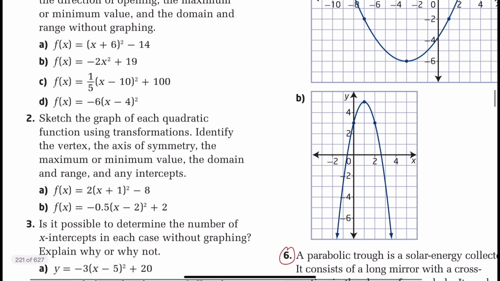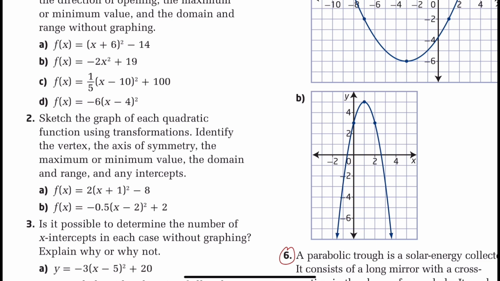For the second question, it is asking us to sketch each quadratic function using transformation, and identify the vertex, the axis of symmetry, the range, the domain, the minimum value, and the y-intercept. Okay, perfect.